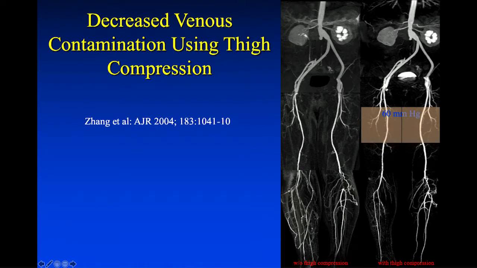But this patient came back and on the repeat imaging, 60 millimeters of mercury pressure was applied to each calf with thigh blood pressure cuffs, and the exam repeated, and this delays the arrival of the venous enhancement and prolongs the arterial window, making bolus timing much easier to perform.